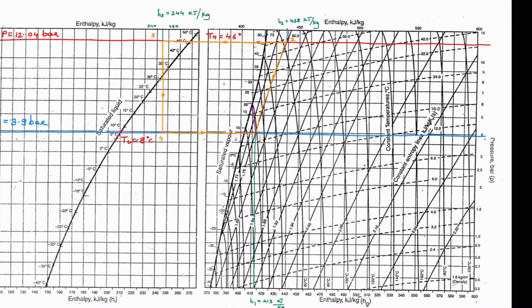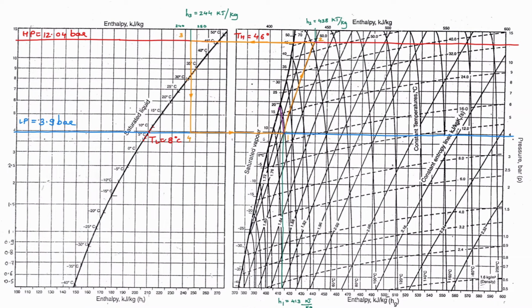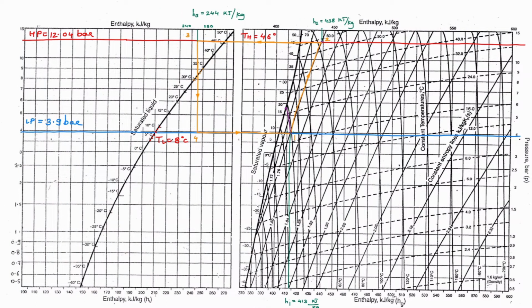Divide it into 5 equal parts, so this is 30, 31, 32, 33, 34, 35. From this 32 point, draw a vertical line. Wherever this vertical line cuts the high pressure bar reading, 12.04, that will give you the subcooled point number 3. You can see point number 3 lies to the left of the saturated liquid line. So we have marked point 3.